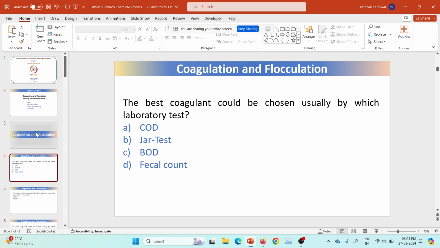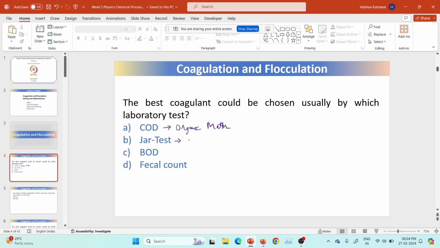Read the question. The best coagulant could be chosen usually by which laboratory test? The choices are COD. COD is for organic matter. Jar test.